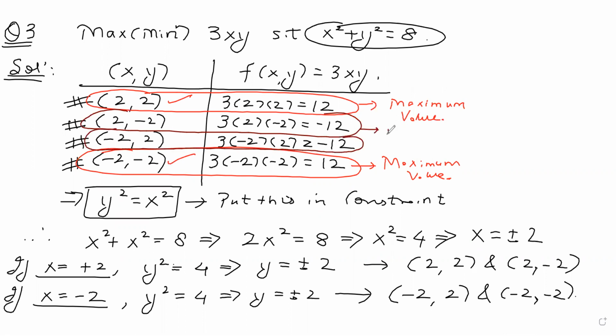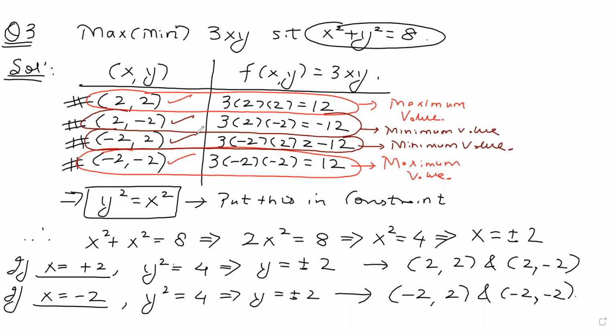So this also gives you the minimum value, which is minus 12. This also gives you the minimum value, which is minus 12. And this minimum value is happening at x comma y taking the value 2 comma minus 2 and minus 2 comma 2. So hoping all students have understood this particular question.